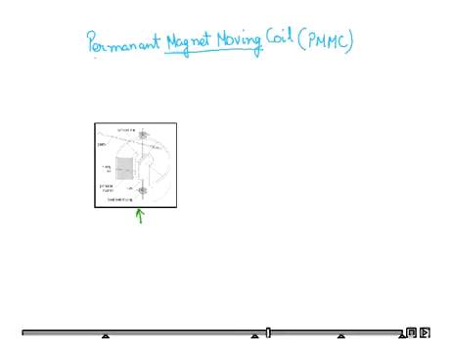Here a permanent magnet is seen. It is the permanent magnet moving coil. This is a coil which is going to move. The magnet is permanent and it is stationary. Now this is the core, this is the pointer.